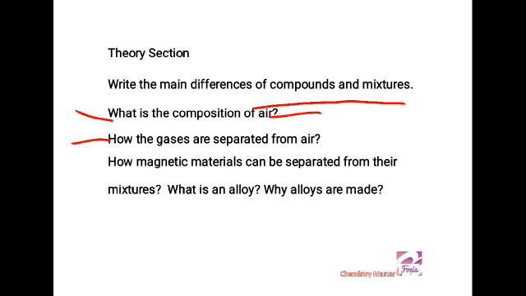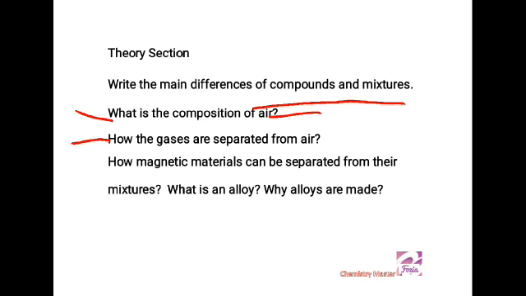The next question, how are the gases separated from air? For this you have to look for the answer in the chapter of environmental pollution, where you will learn that to separate different gases from air we use the method of fractional distillation.